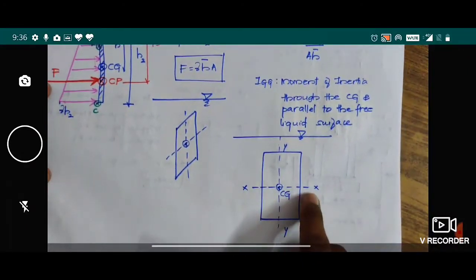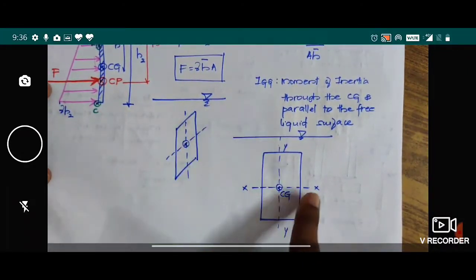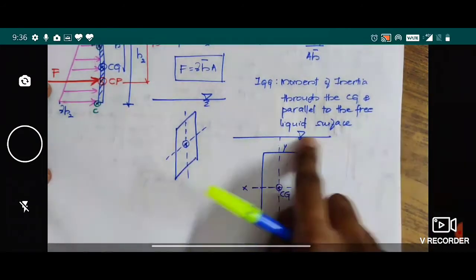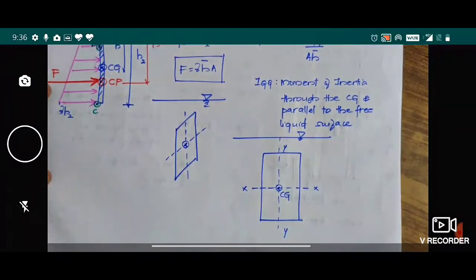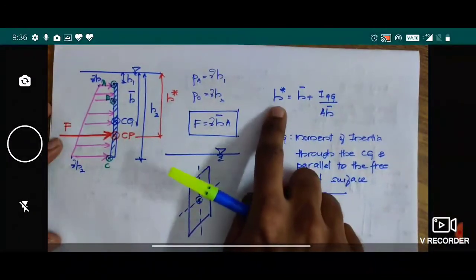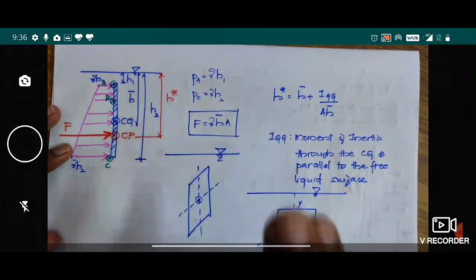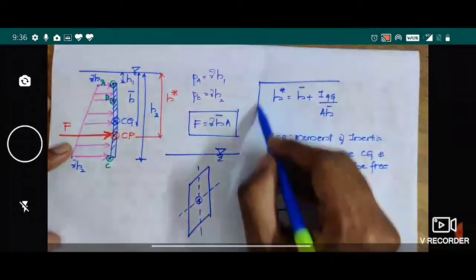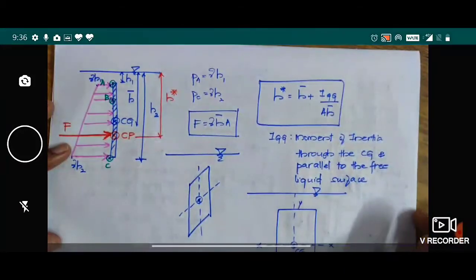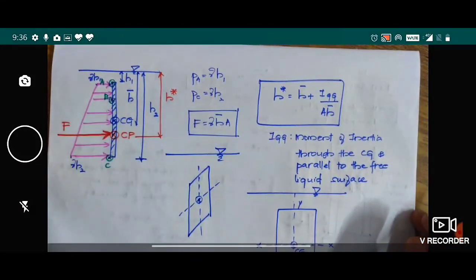What it means is it has to be the moment of inertia passing through the center of gravity, and at the same time it should be parallel to the free liquid surface. That is how you find H star, the distance of the center of pressure from the free liquid surface. You have to learn the derivation for this also. You can refer to any standard textbook that I have given, so you'll understand how to derive the equation for H star.